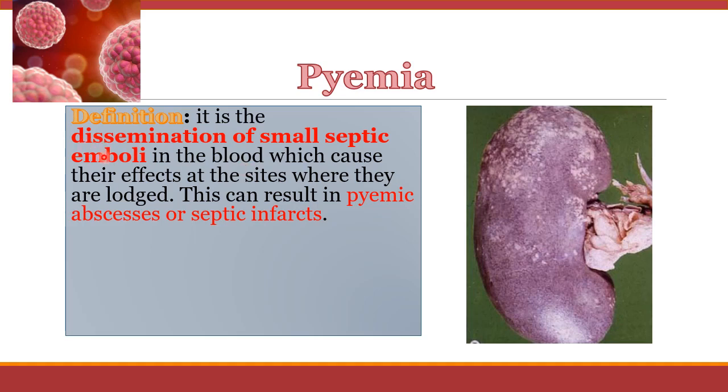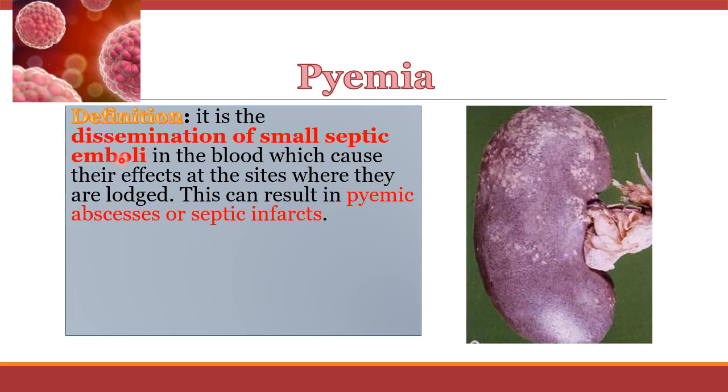The problem of these emboli is that they are going to travel in the circulation. At some point, they will reach a small blood vessel in which they will be stuck and cannot proceed further according to their size. So they will finally stop at some organs, and when they stop, they will start a focus of inflammation around them because they are infected, they have bacteria.